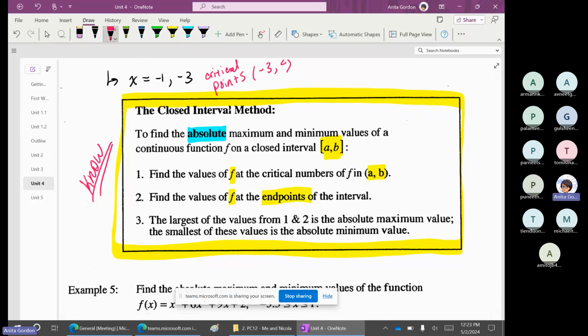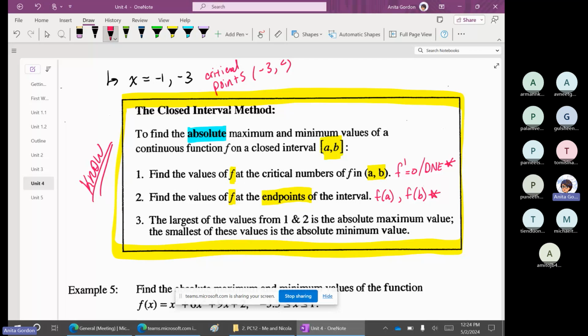So what I'm saying is find where f prime is 0 or doesn't exist. Find f of a, regular, not prime, and f of b, and compare the critical points and the endpoints.